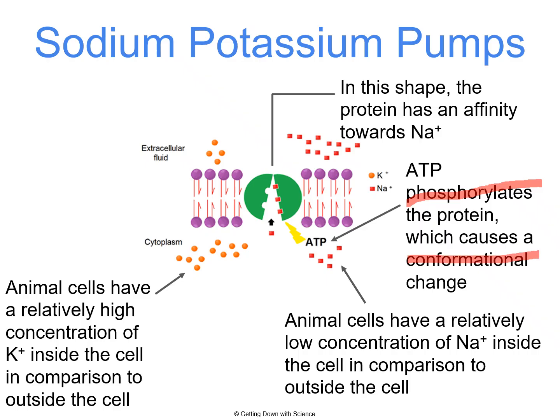Once the protein conforms, it changes its shape. And once it changes its shape, it's now going to have a higher affinity for potassium ions as opposed to sodium ions. And that's when it's going to start pumping the potassium ions inside of the cell.